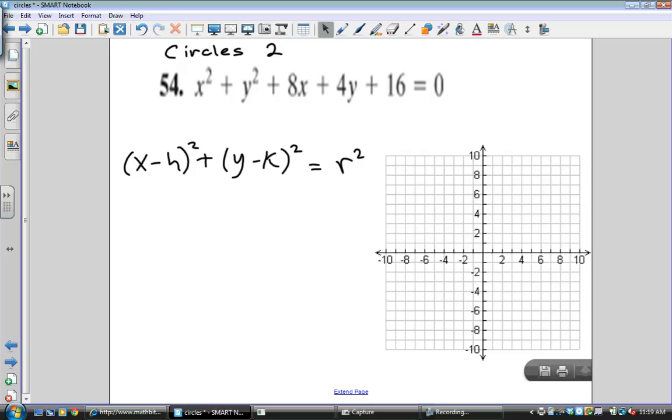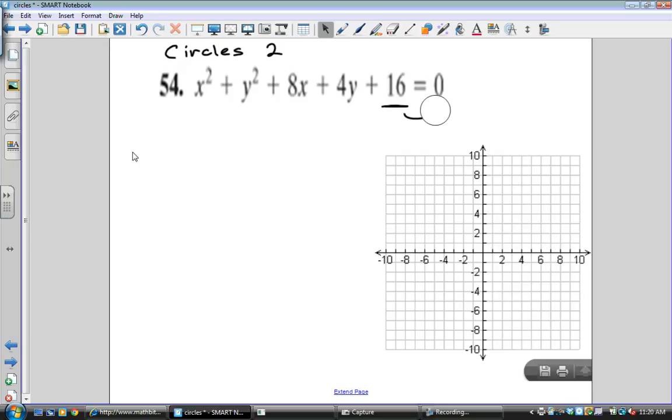So what the directions tell you to do is to complete the square so you can get these quantities squared, and that's what makes it go to standard form. And of course, the radius squared, you'll have to sort of throw it on the other side. So what I'm going to do here first, this is the 16. It's just the constant. So I'm just going to throw it to the other side.